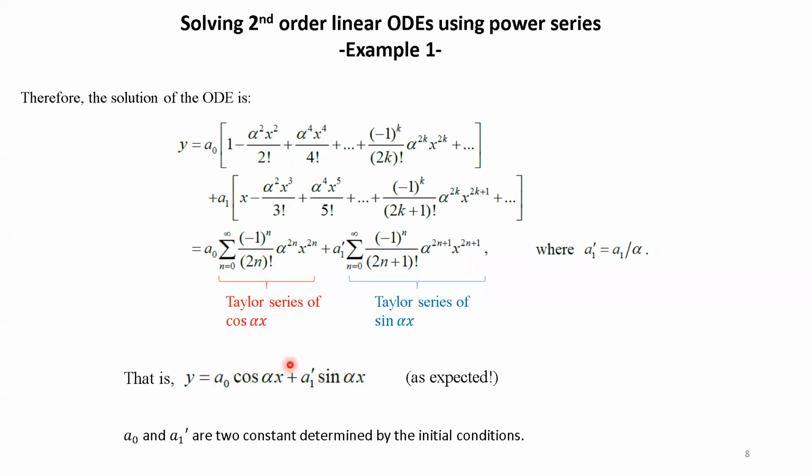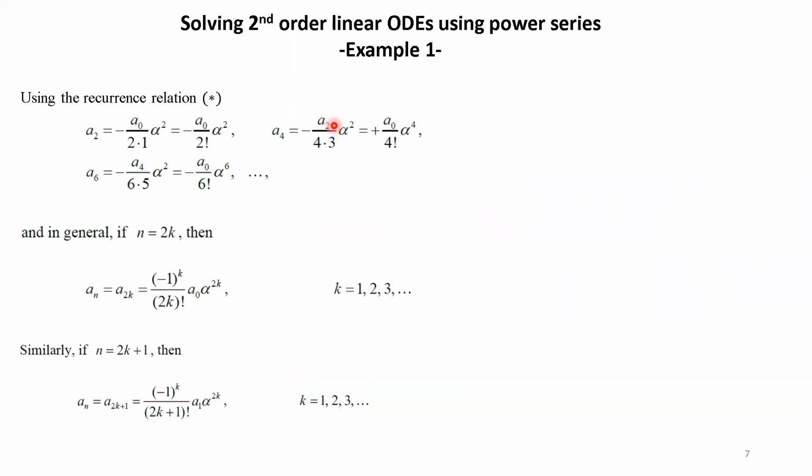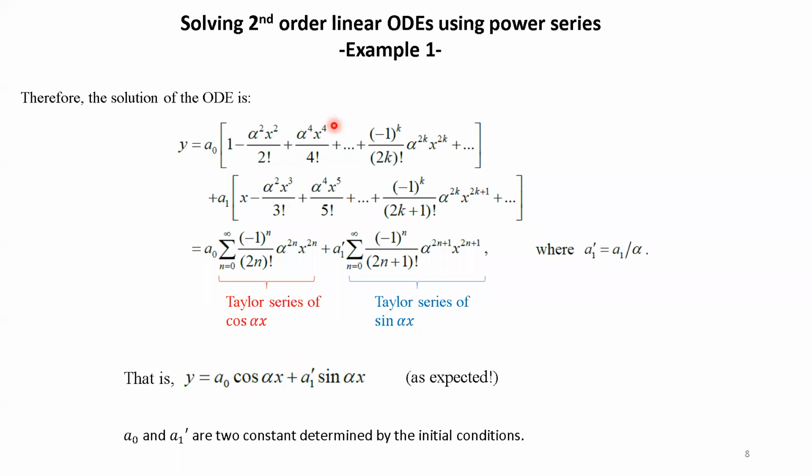This is what you expect, because if you go back and look at this equation, you know how to solve it already: sine and cosine. And these two coefficients over here are just determined by the initial conditions. So you can see how this series method works.